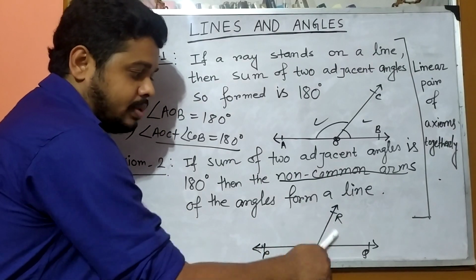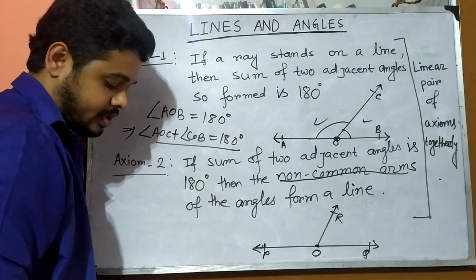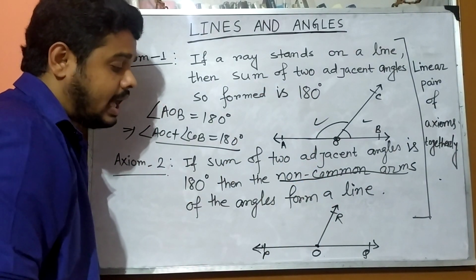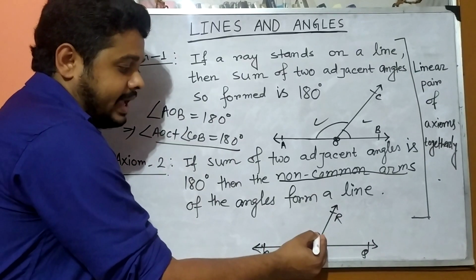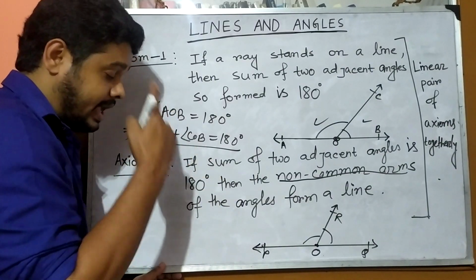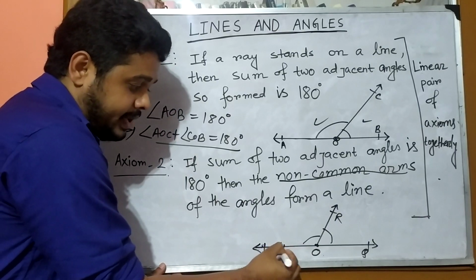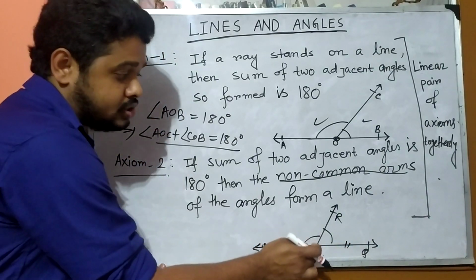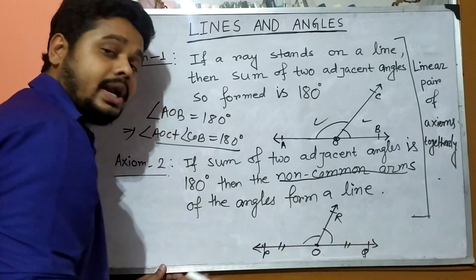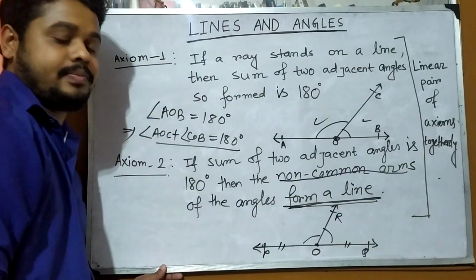See, these two are adjacent angles because this is the common vertex and OS is the common side or common ray. Now the sum of these two angles is 180 degrees. Then according to this axiom, the non-common arms OP and OQ, because OS is common to both angles, will lie on a straight line.